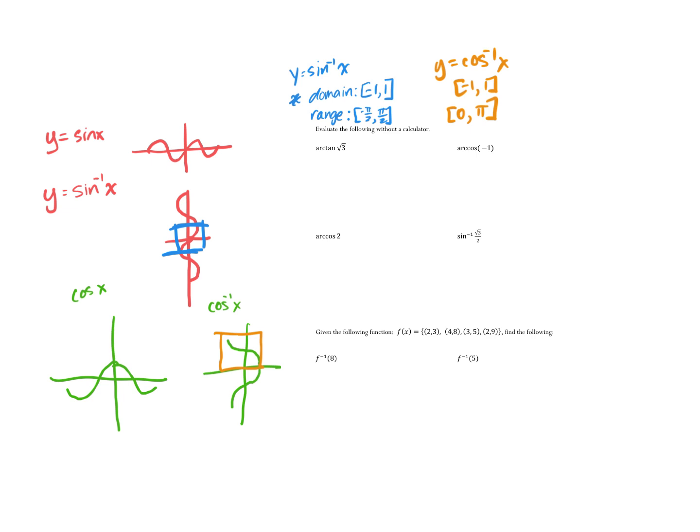Both positive and negative results. Okay? We good? Okay. And then similarly to sine, the domain for tangent inverse of x is -1 to 1 and the range is -π/2 to π/2.